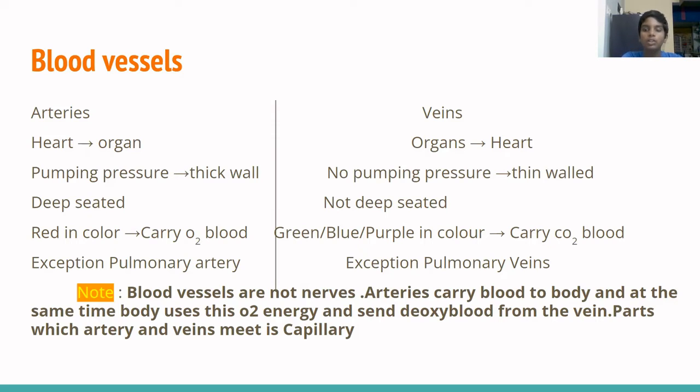Arteries carry blood to the body, and at the same time the body uses this oxygen energy and sends the deoxygenated blood through the veins. Paths where artery and veins meet are known as capillaries.